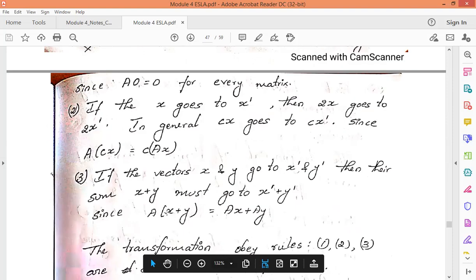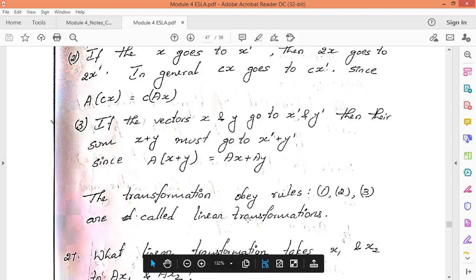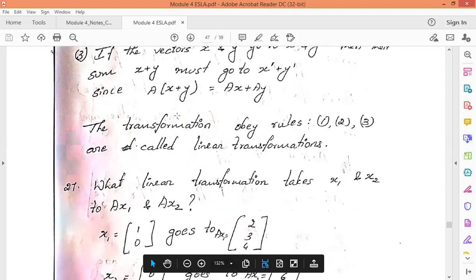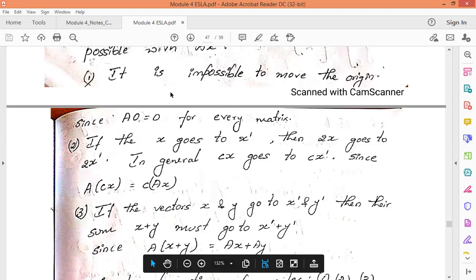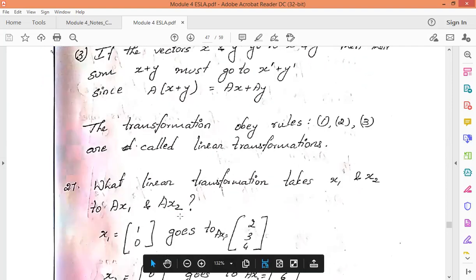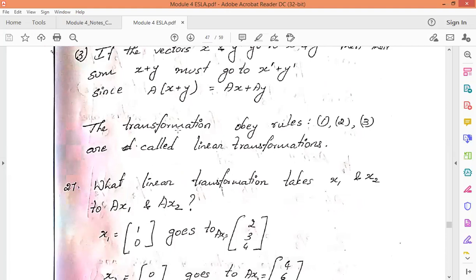Similarly, A of x plus y is equal to Ax plus Ay. So all these three properties, the origin not moving, and the second and third properties, if the transformation function we apply obeys these rules, then we can call it a linear transformation. One thing you need to check is the addition as well as the multiplication.